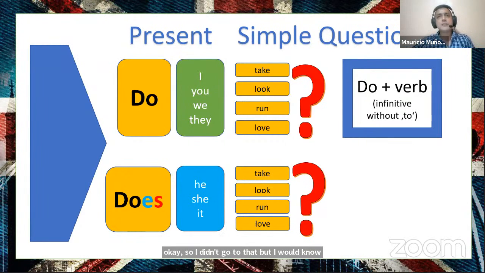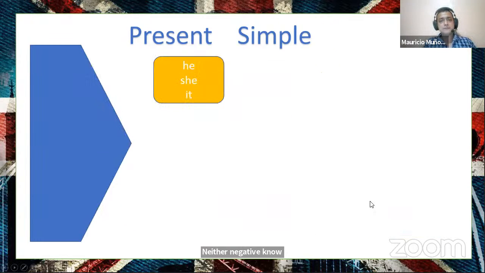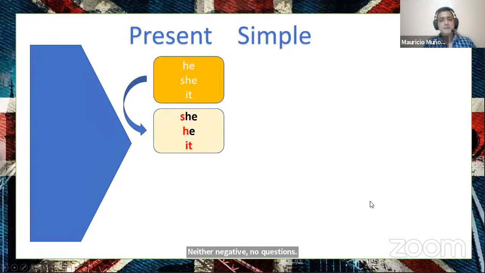No hay sufijos en terceras personas, ni en negativo, ni en pregunta. No suffixes. Estos sufijos los vamos a aumentar al verbo cuando estemos en positivo, terceras personas, okay? So be careful with that. Neither negative nor questions. Take a look.